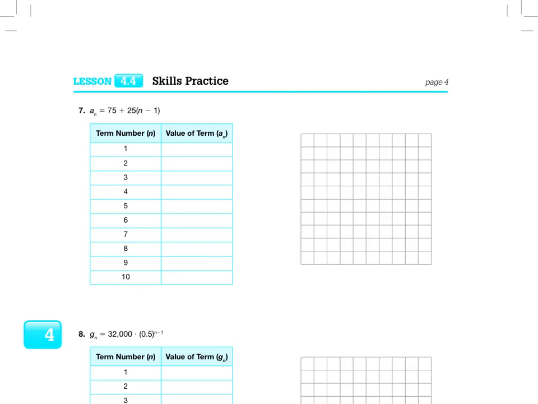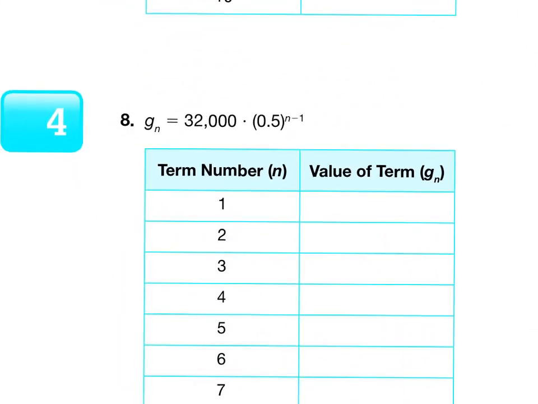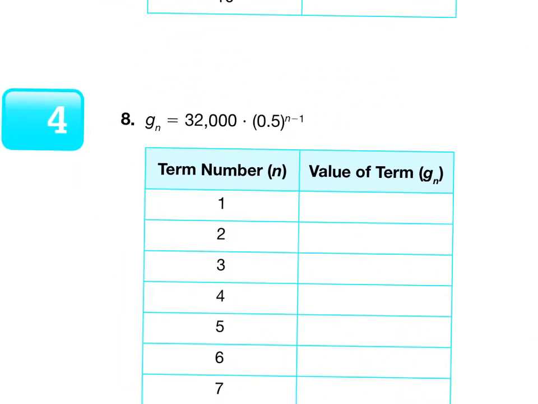All right, let me look at the last page. Same idea, and let's see here, number 8. So go ahead and pause. I'm going to stop right here, but this is huge numbers. You might want to use your calculator. It might bring those numbers small. It looks like the first term is 32,000. So you could put 32, 1, 2, 3.